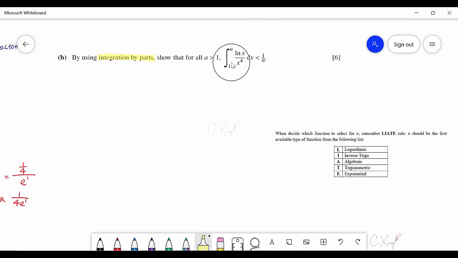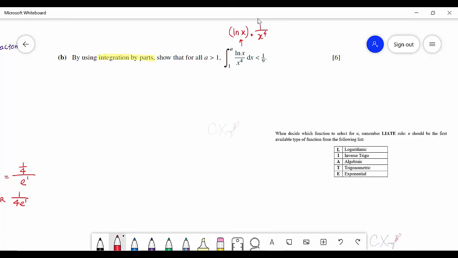So we have to solve the integration first. Generally, for this ln x over x power 4, you can see very clearly that it consists of the product of two different functions. You can rewrite it as ln x multiplied with 1 over x power 4.